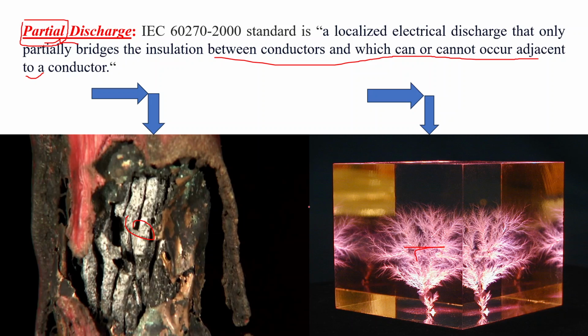During normal operation, the high voltage equipment is subjected to electrical stress, which can cause small imperfections or voids within the insulation. There are a few examples of partial discharge shown in the figure.